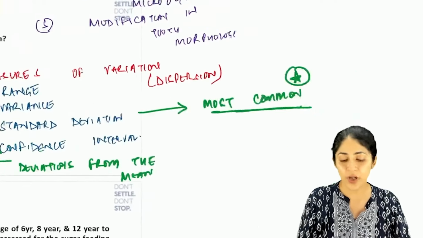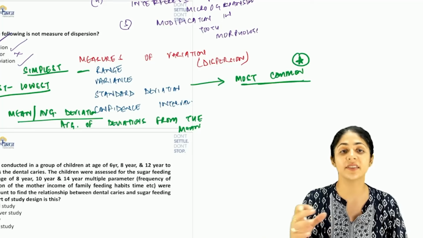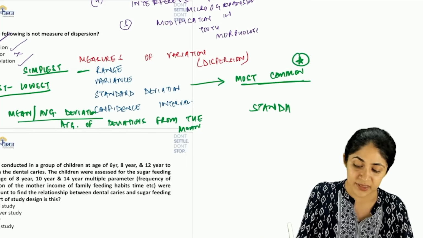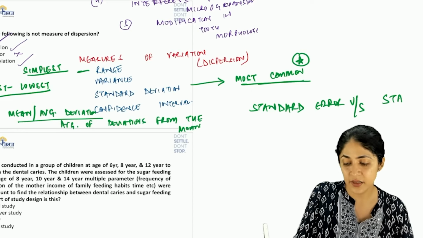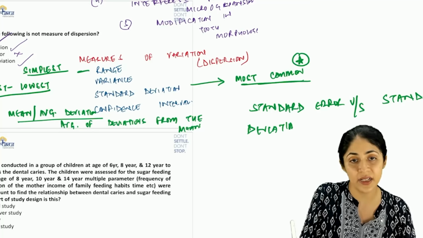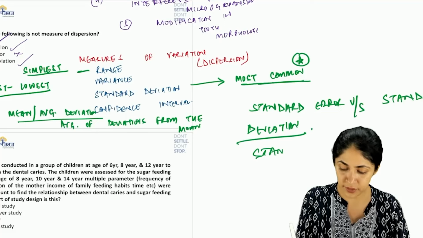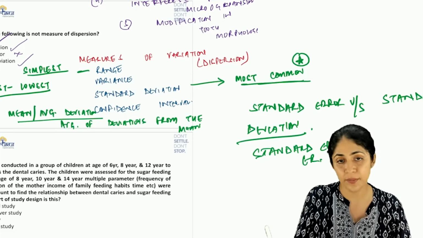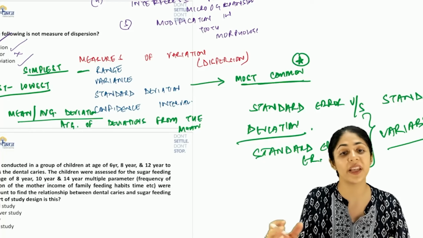Okay, now what is the difference here? We said that the answer is standard error. So what do we understand by standard error versus standard deviation? Both are measures of variability, like how much variation there is.